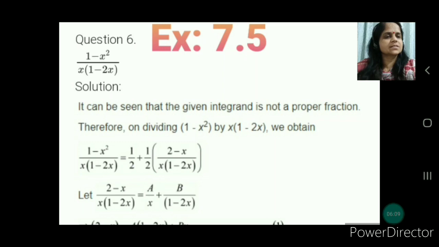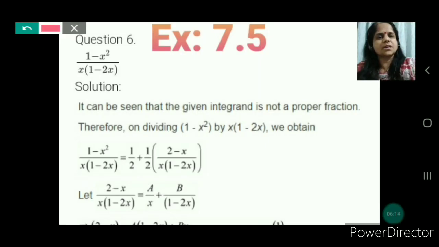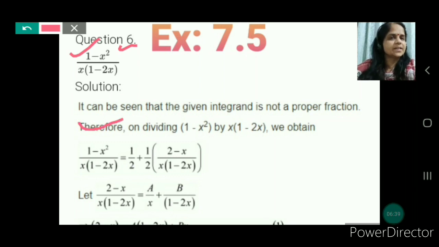The whole exercise depends on this method only, students. So now I am taking question number 6. The question is (1 minus x square) in the numerator and in the denominator x into (1 minus 2x). It can be seen that the given integrand is not a proper fraction, since in the numerator it is x square and in the denominator you will also get minus 2x square. Therefore, we divide.